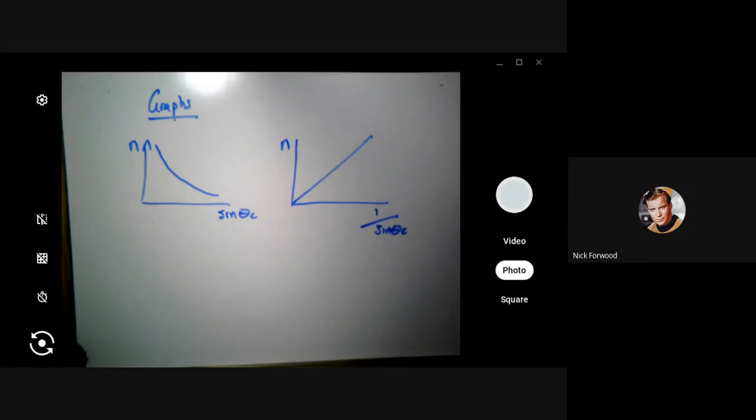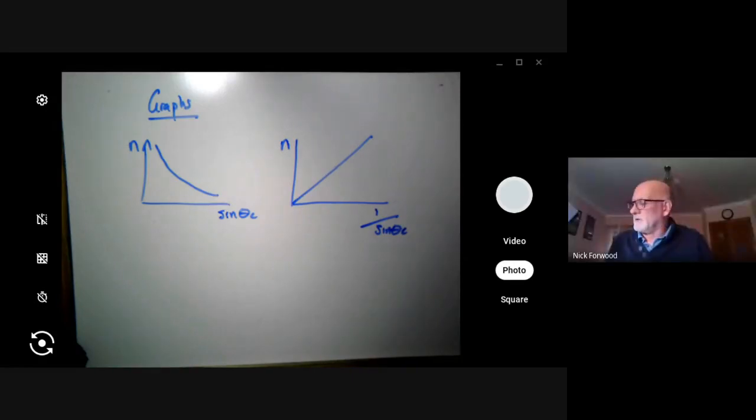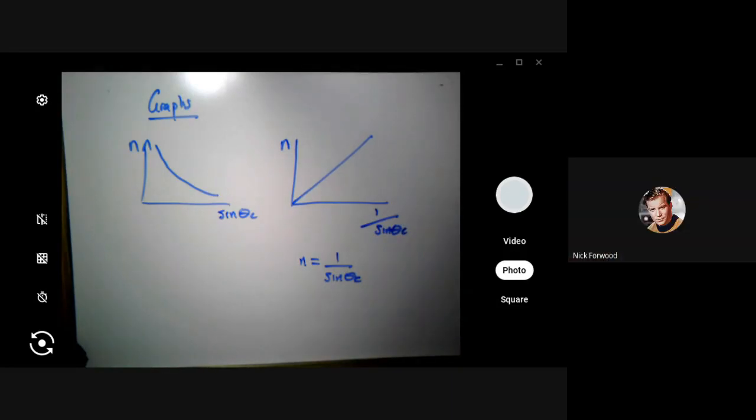So you've got a relationship there which you can easily put into a formula, which you've already got: n equals 1 over sine theta c. So it's inversely proportional to sine theta c, or directly proportional to 1 over sine theta c. And I think that's just about that to finish off with.